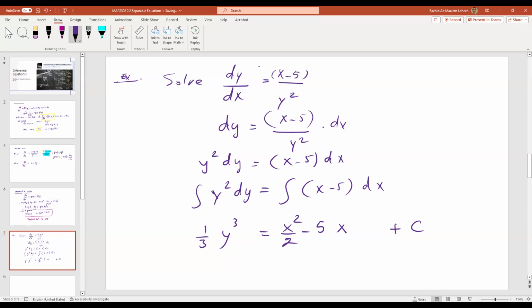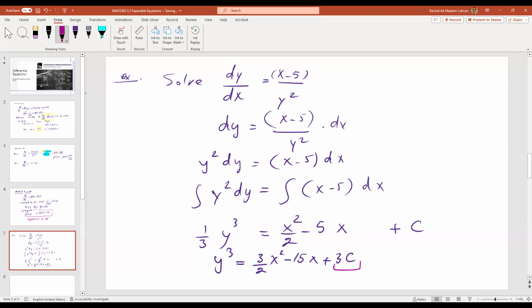All right. So here we can multiply by 3 to get rid of these fractions here. So you'd have y cubed equals 3 halves x squared minus 15x plus 3c. Again, we've done this a couple of times.